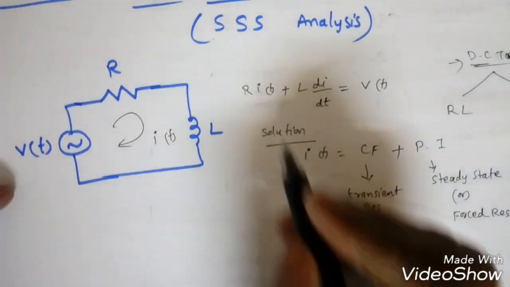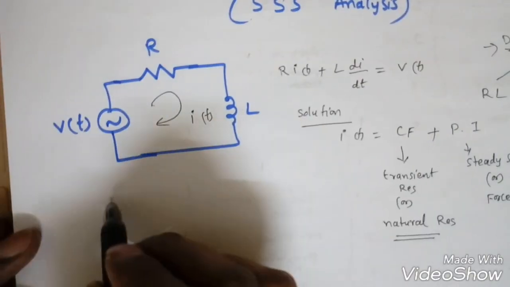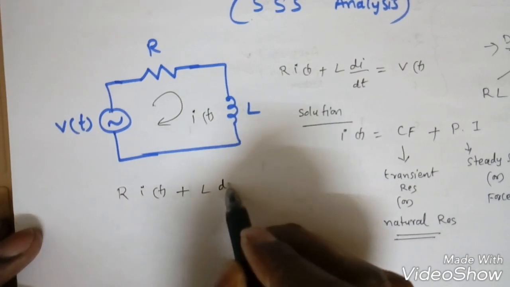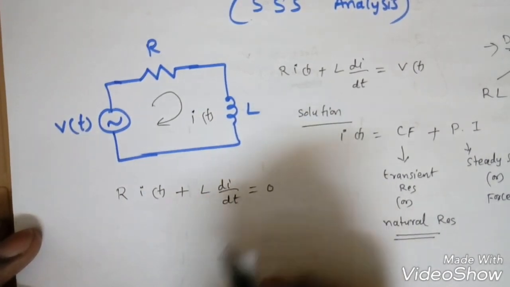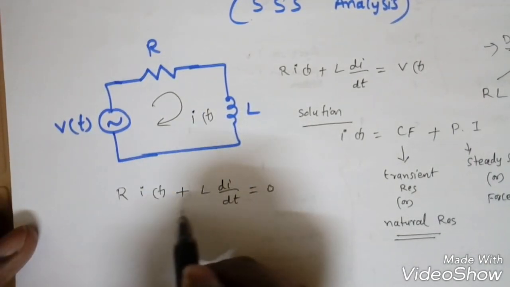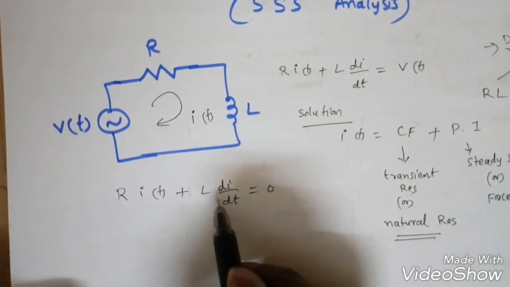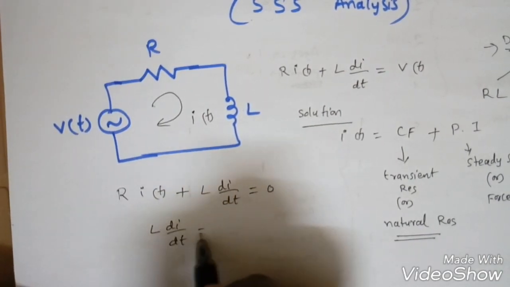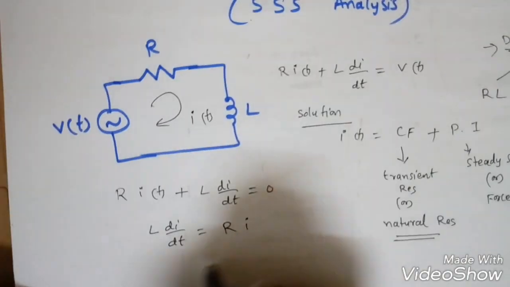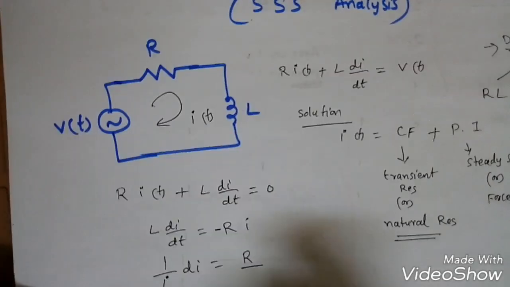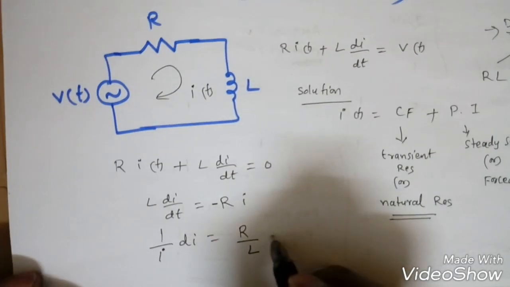First we will find the complementary function. That is R into i(t) plus L into di/dt equal to 0. This is a first order differential equation, so it can be solved by the variable separable method. di/dt equals minus R/L into i, so it becomes 1/i di equals minus R/L dt.